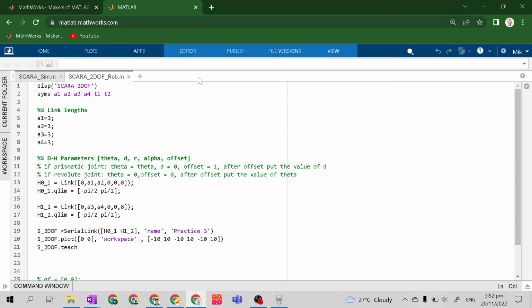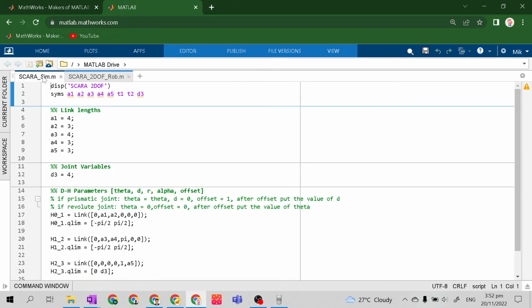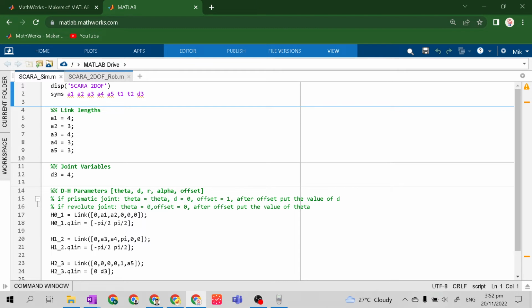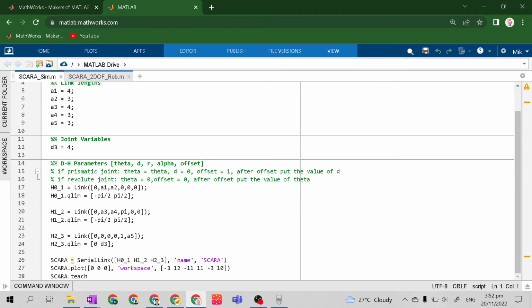So while waiting, this is the code for the simulation of the mechanical manipulator using the robotics toolbox by Peter Corke for MATLAB.